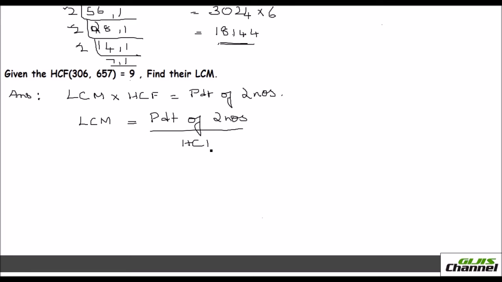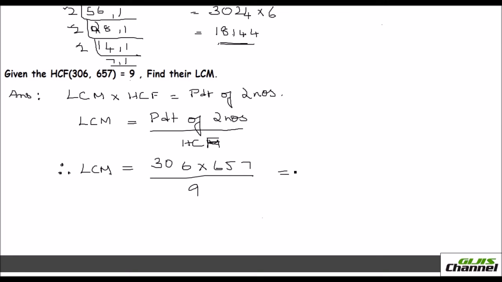Instead of doing that step ladder method, I just use this statement and find the LCM. HCF, okay, or GCF, whatever. Therefore, your LCM is equal to product of 2 numbers, 306 and 657, divided by the HCF, which is 9.